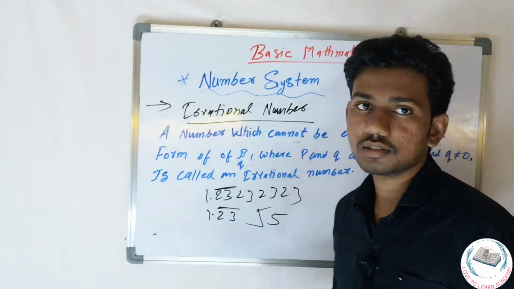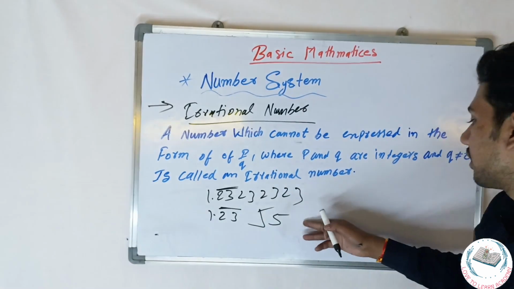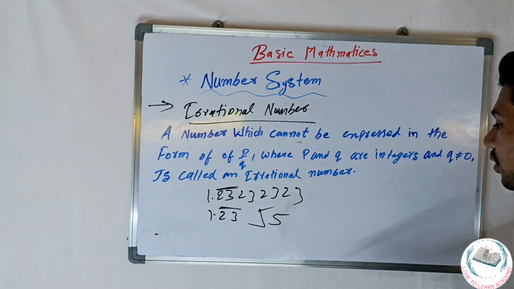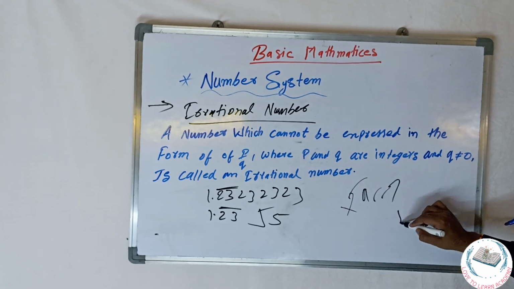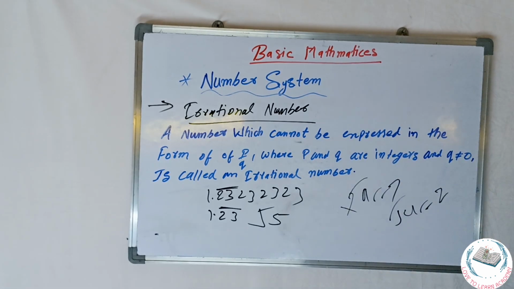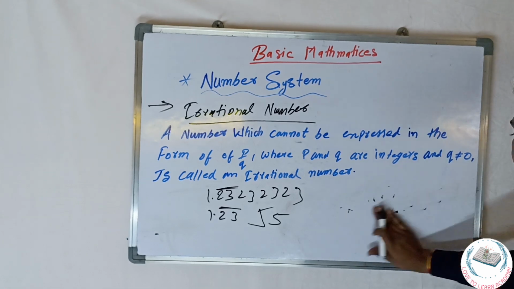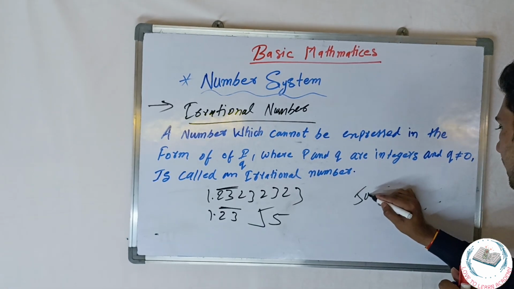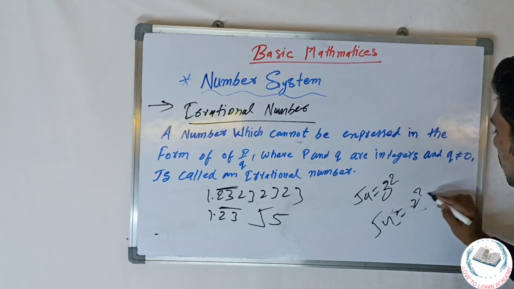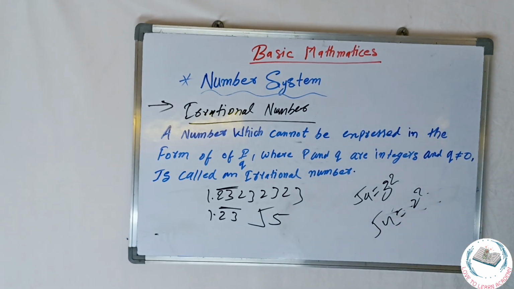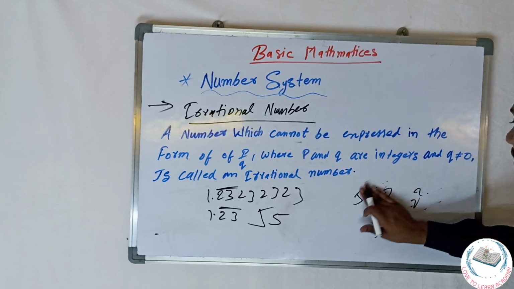No. Root 9 is 3, root 4 is 2, I can write this neatly here: root 9 is 3 square, root 4 is 2 square. But 5, it's not. Okay, I hope you understand.